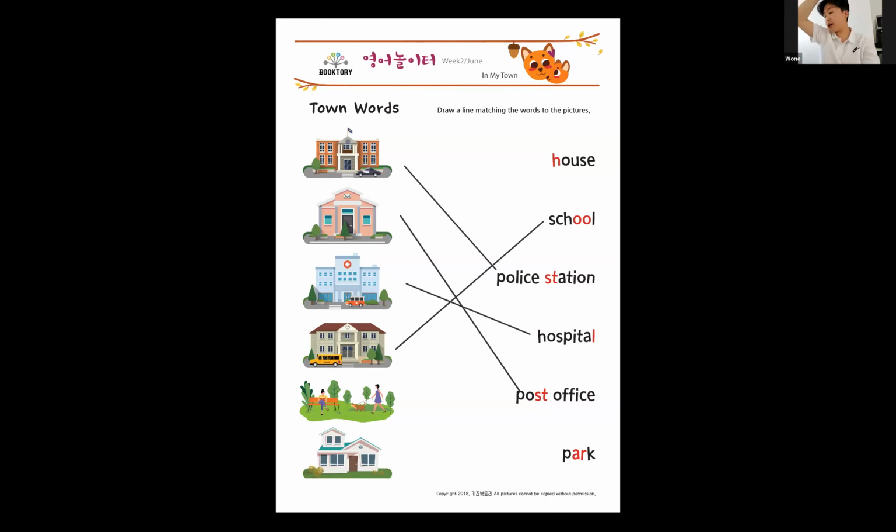The next one, we can come here to have a picnic, to walk our dogs, to play with our friends, to go on a walk. This is called a park. Yes, this is the park. And this is where you live. Where do you live? You live in a house. Very good.